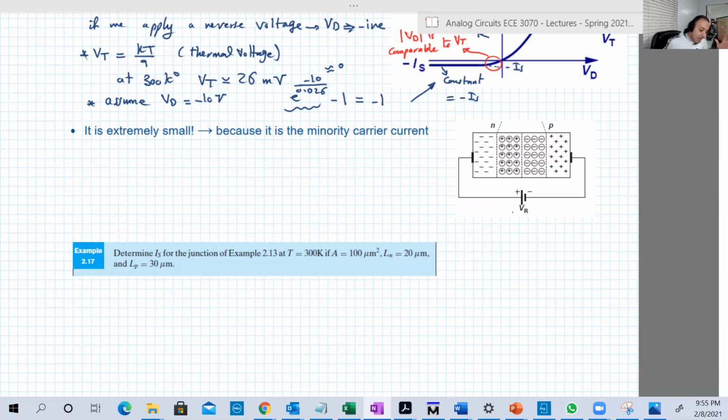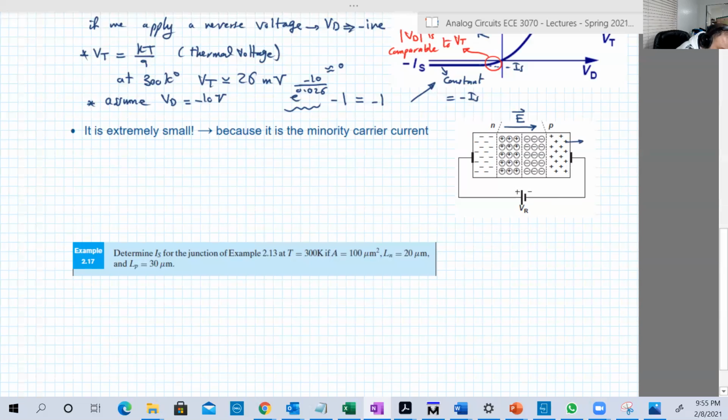So we said that under reverse bias conditions, holes cannot move in that direction. They cannot move because they will be expelled by the built-in voltage and built-in electric field here. Holes, or positive carriers, want to move in the direction of the electric field, so they will go that way.